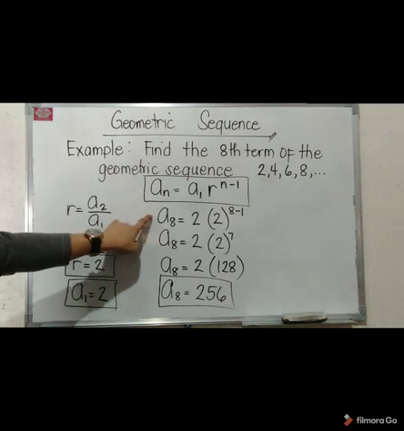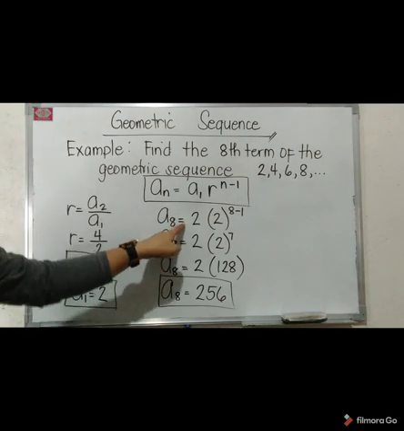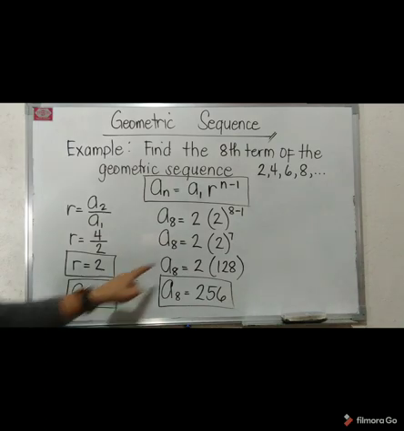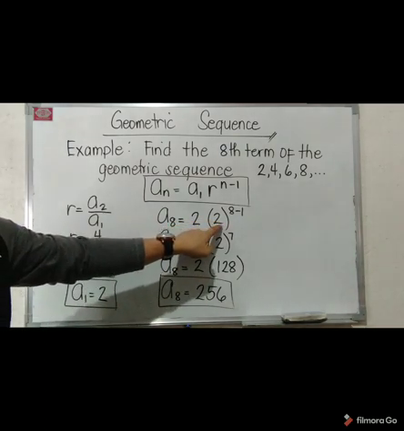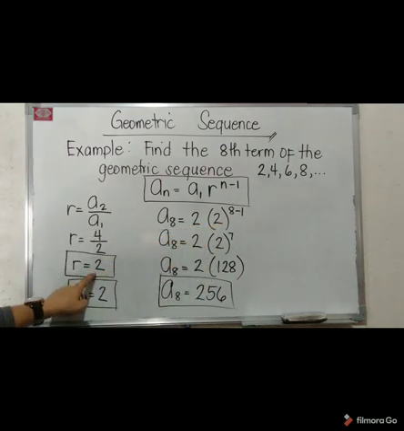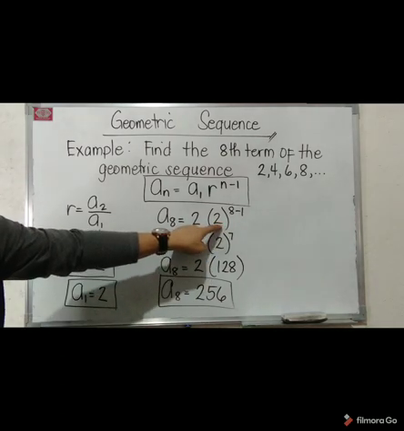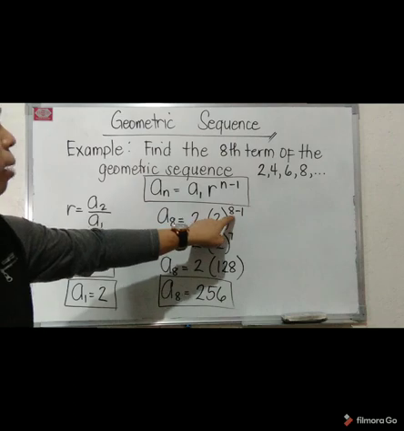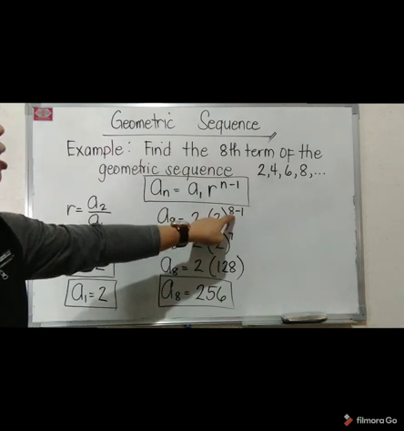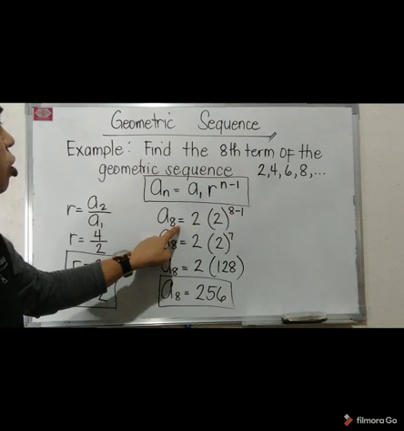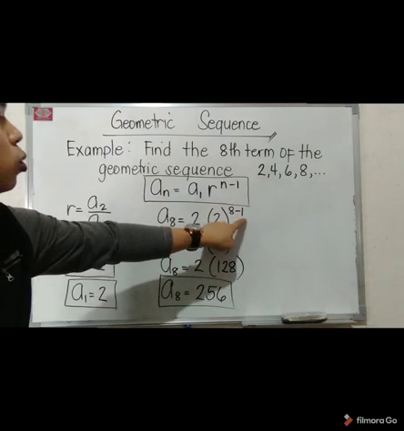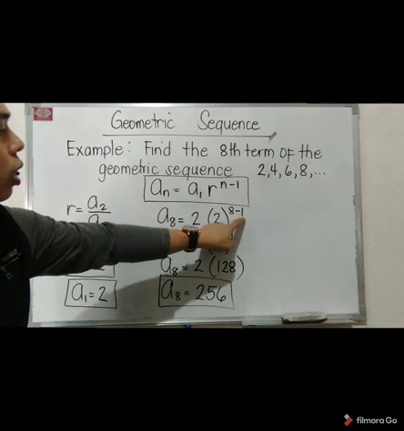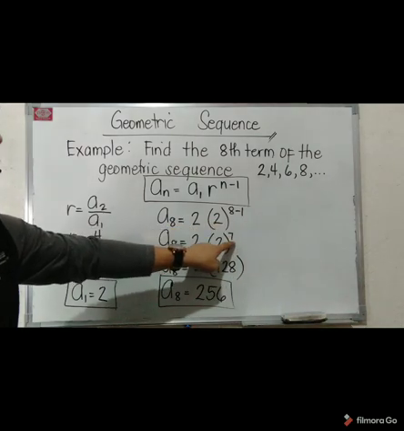Therefore, we have a sub 8 is equal to, ano yung a sub 1 natin? 2. Times common ratio. Ang common ratio natin ay 2. So we have here 2 raised to n, ang pinapahanap sa atin ay 8th term. So 8 ang value ng ating n. Minus 1. And 8 minus 1 is equal to 7.